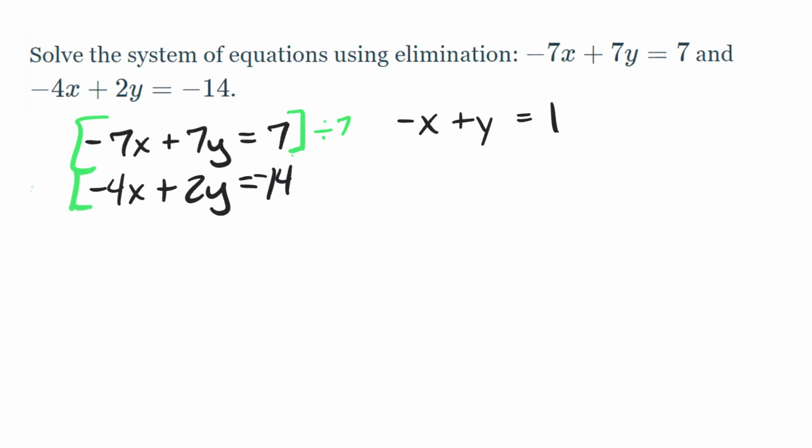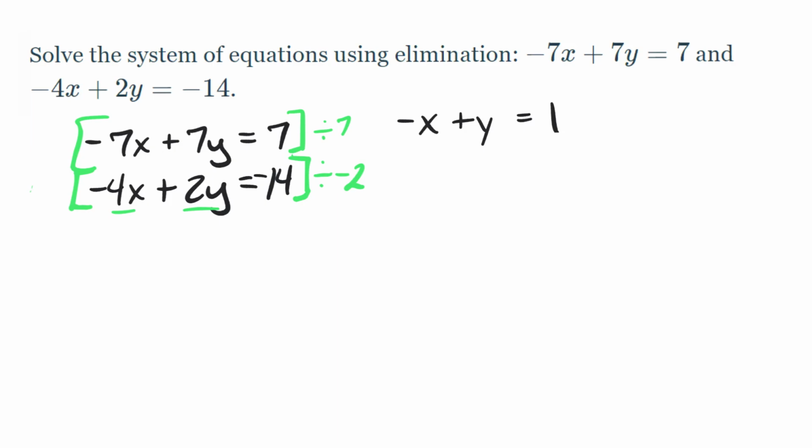So I'm going to go to the same part over here. Now the y's could get equal to 1 if I divided this by 2. But let's think about this for just a second. If I divide by 2, this is going to give me a positive y, which does not cancel another positive y. So what I'm going to do instead is not divide by 2, but divide by negative 2.